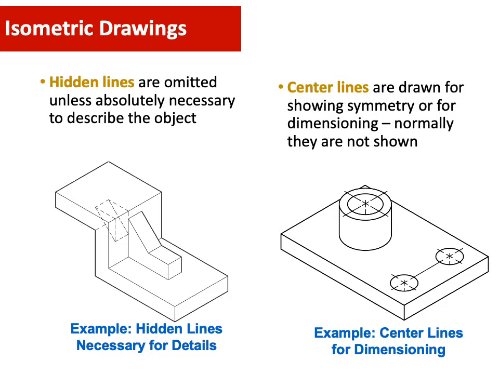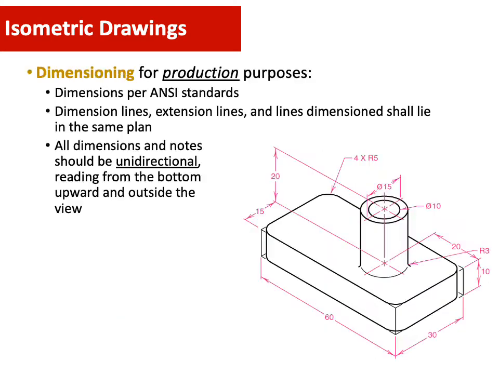It also shows the center lines in these isometric drawings. The center lines are for you to draw the circles here. This is an example of a center line. Center lines are for dimensioning.